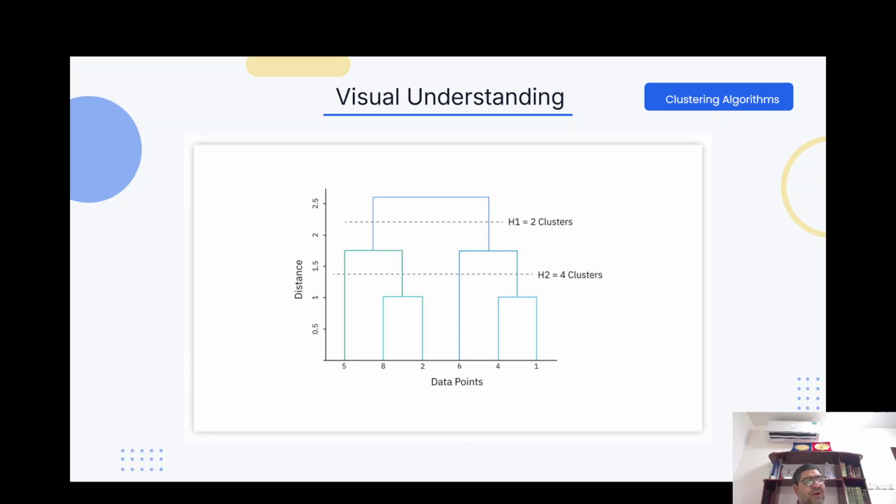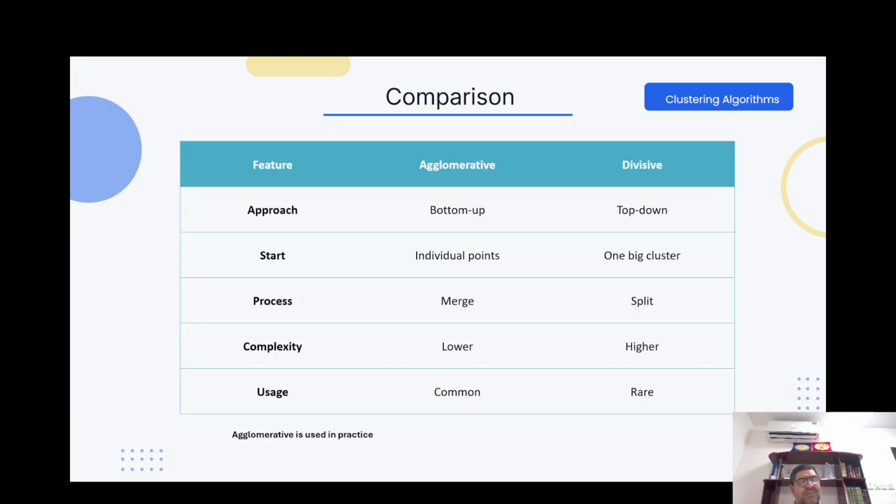If you see the data points and how the clusters are created, I can give you the interpretation of all this by the end of this part of the episode. So if we have to compare these two: agglomerative is a bottom-up approach, divisive is top-down. Agglomerative starts from individual points, while divisive starts from one big cluster and goes on dividing it.